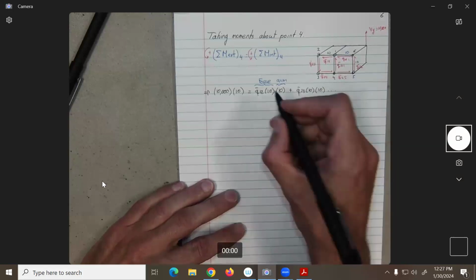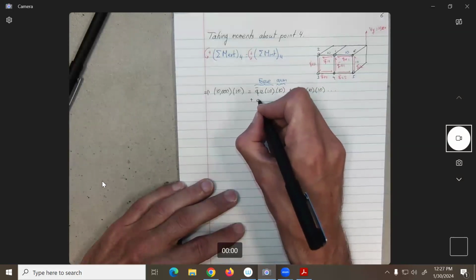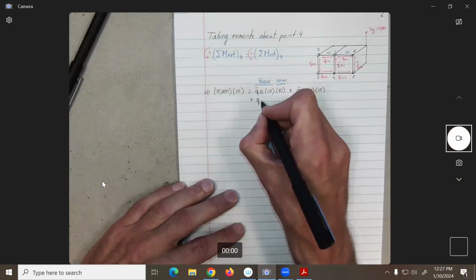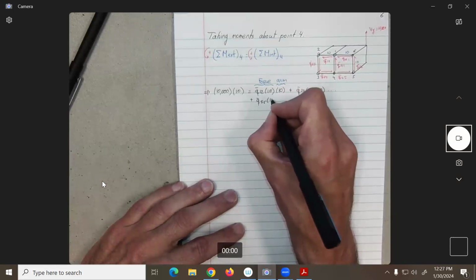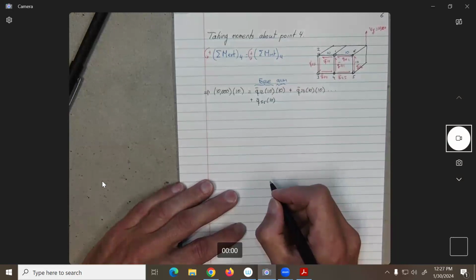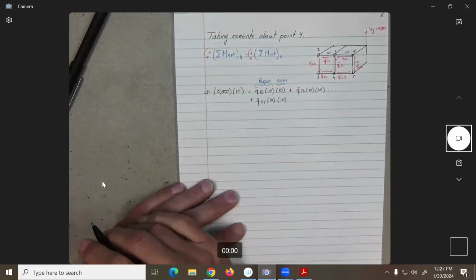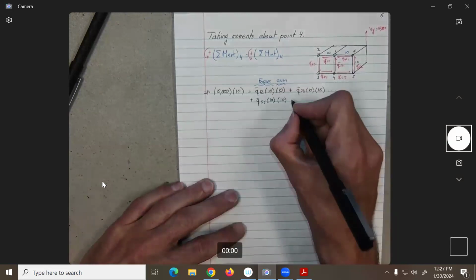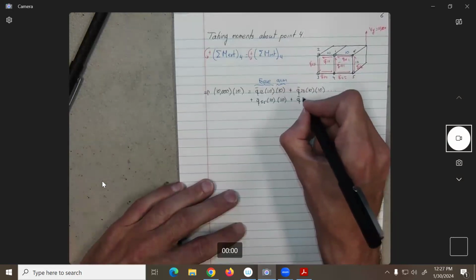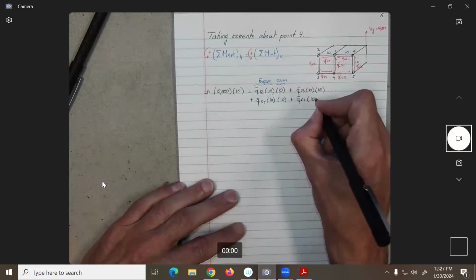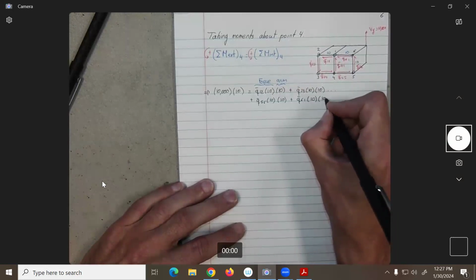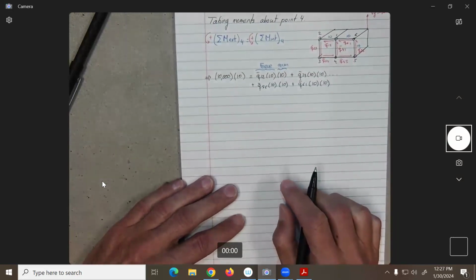No, so we need to go to plus Q bar 56. So if it's going in the direction, what will be the value of the force? Times 10, and the arm will be 10 as well, no? And then we have plus Q bar 61 times 10, again the arm will be 10, equal to 0.